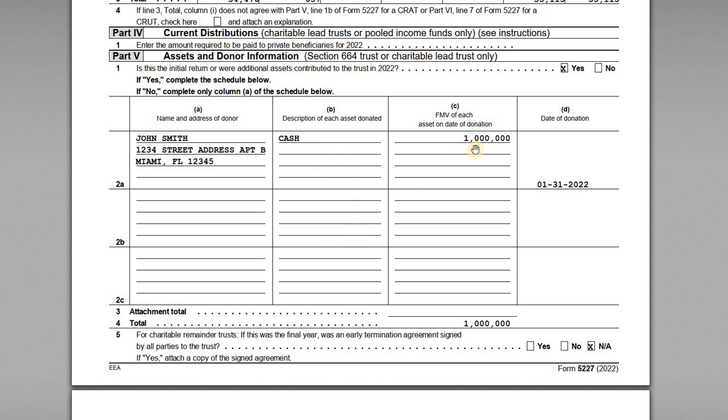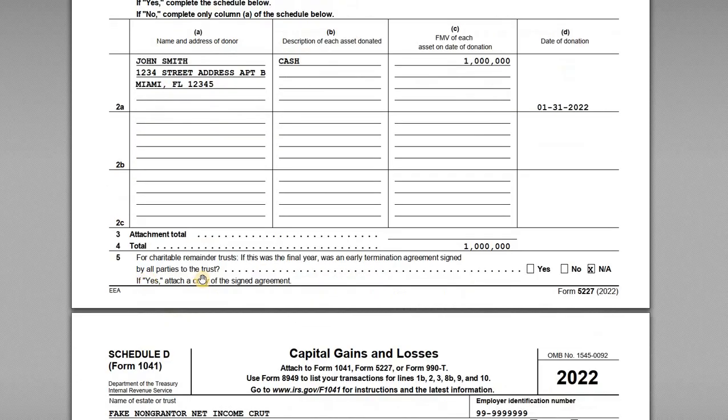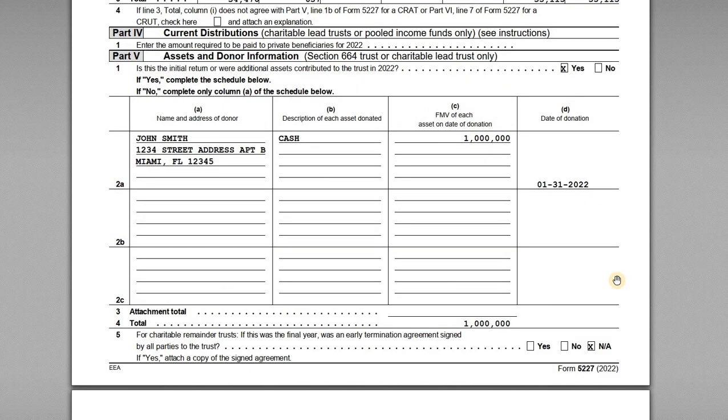He donated cash. The fair market value of that donation was $1 million, and he did so on January 31st, 2022. Now, last question here. For CRTs, if this is the final year, was an early termination agreement signed? We have non-applicable because this is not the final year, right?